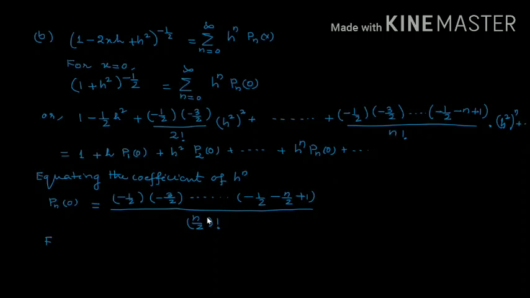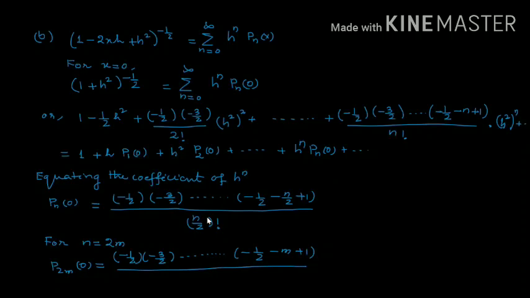Now for n equal to 2m, we have P2m of 0 is equal to minus half into minus 3 by 2, then minus half, then minus m, n by 2 is m plus 1, divided by factorial m.